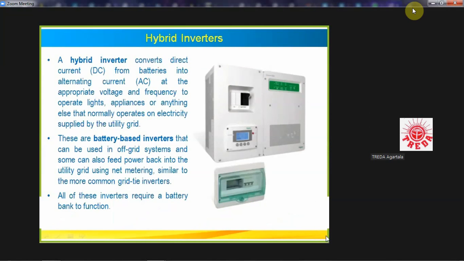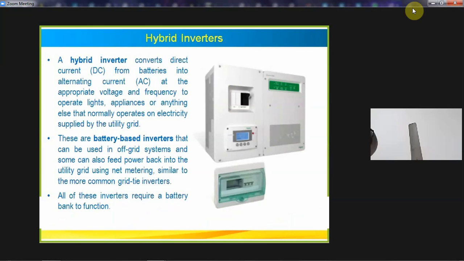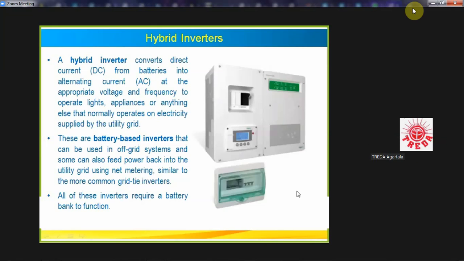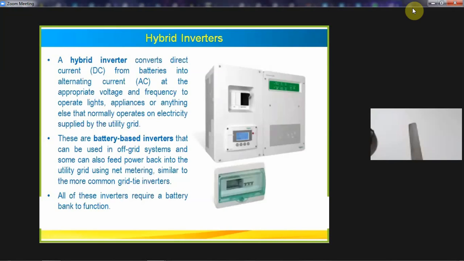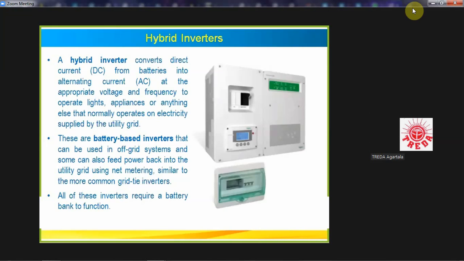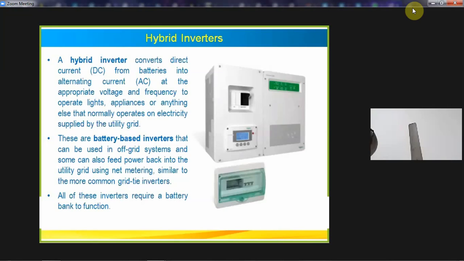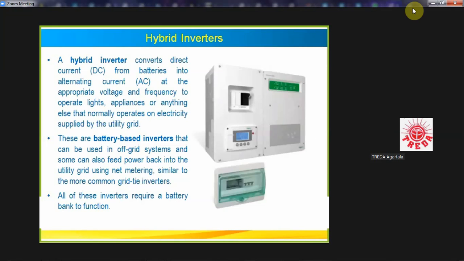Hybrid inverter. This is very important. A hybrid inverter is used for solar and wind at the same time in a rural area or in another area.